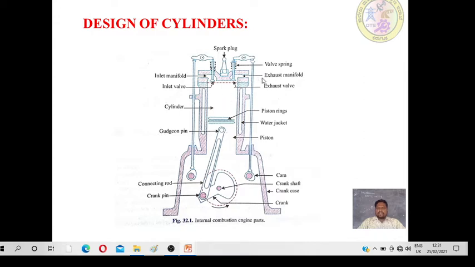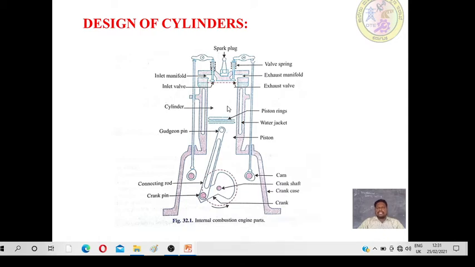The burnt gases go out of the combustion chamber through this, and we have inlet valve, exhaust valve, and valve spring, and this is the cylinder, and here we have water jackets, and this is the piston and connecting rod, and this is the crankshaft, and we have cam here which is used to operate the valves, and we have here crank pin, and this is the crankcase. So these are the major parts of the cylinders.